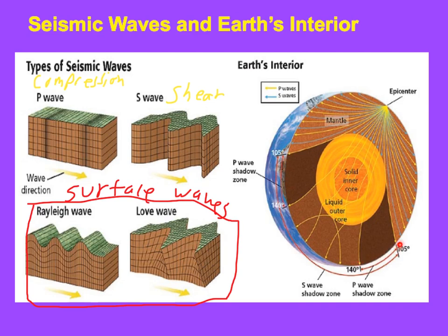And a certain amount of the globe will not get any S waves because the waves would have to travel through the outer core, which is liquid. And then because the outer core is liquid and the inner core is solid again, as the P wave travels, you can see it bending a couple of times. So we get these two little spots where you can't even detect a P wave.